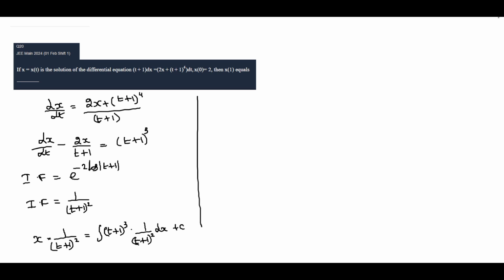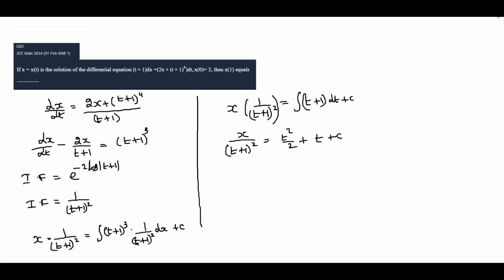So x into 1 by (t plus 1) whole square is equal to the integral of (t plus 1) dt plus c. So x by (t plus 1) whole square equal to t square by 2 plus t plus c.